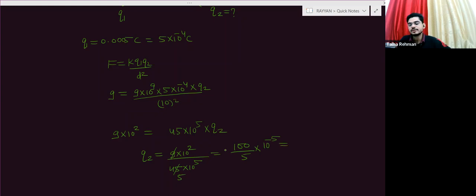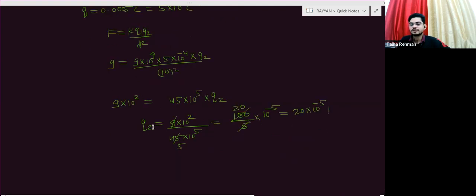So what is your answer? Tell me. 20 times 10 to the power minus 5. What is the unit of force? Newton. But this is charge, so the unit of charge is coulomb.